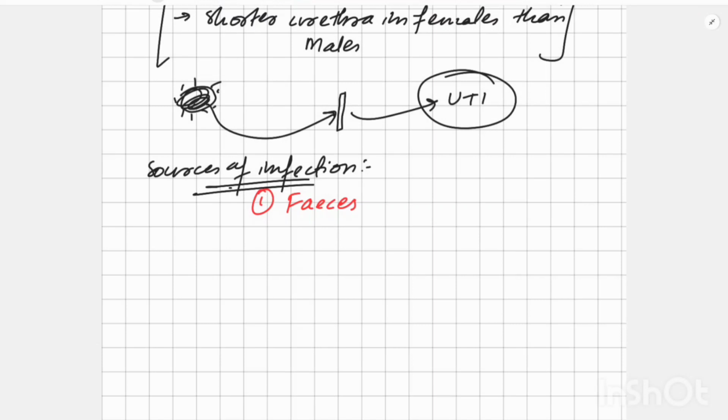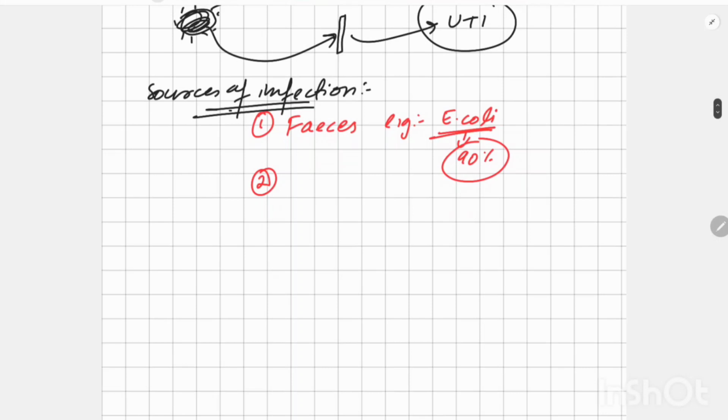In feces, there is a bacteria, the name of the bacteria is E. coli, which is responsible for almost 90% of the UTI. The second source of infection is sexual activity. The third source is incontinence. The fourth source is poor hygiene of the patient.